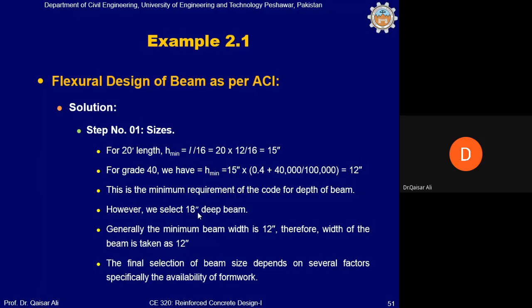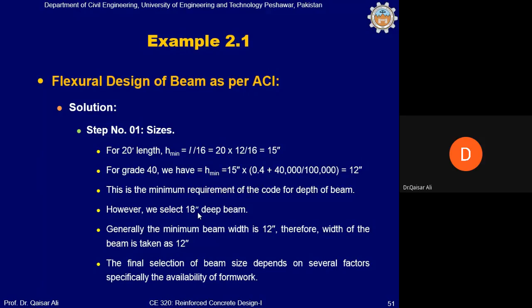So for example, if you want to make a beam of, let's say, 12 inch wide and 15 inch deep, you must have the information whether this formwork is available in your locality or not.